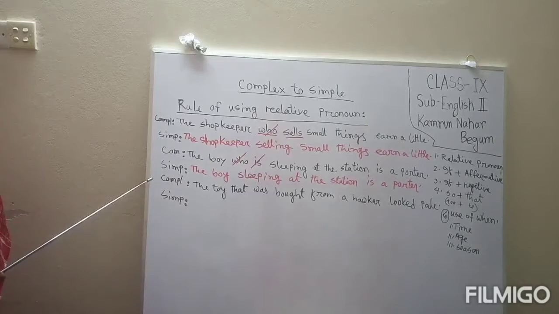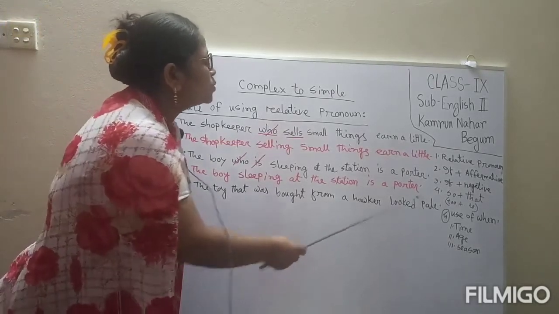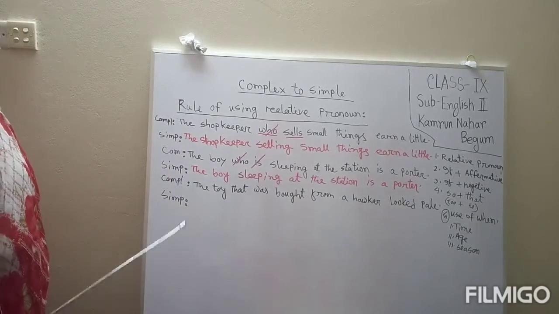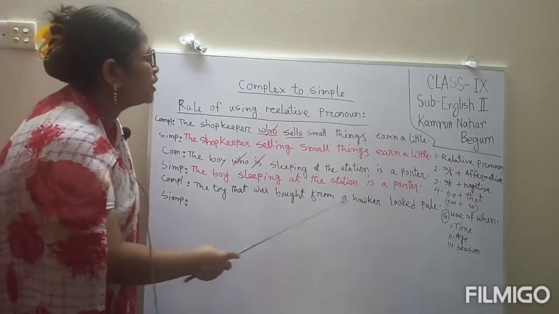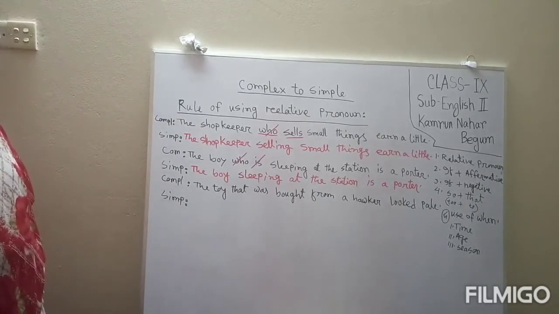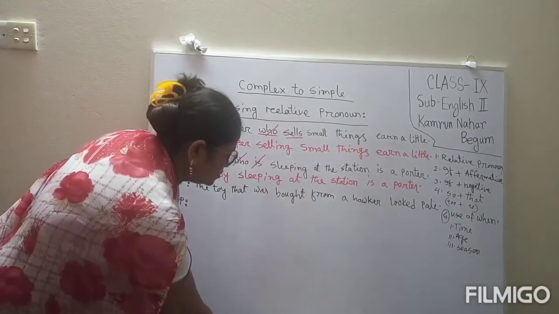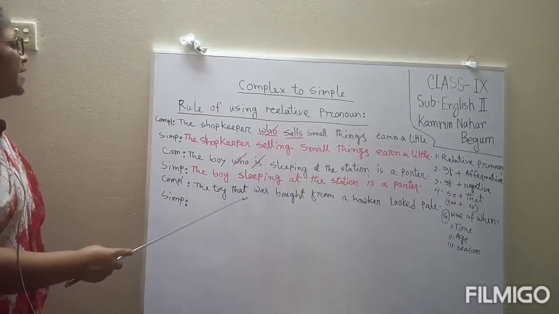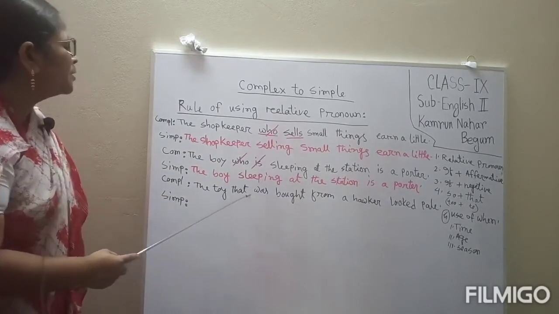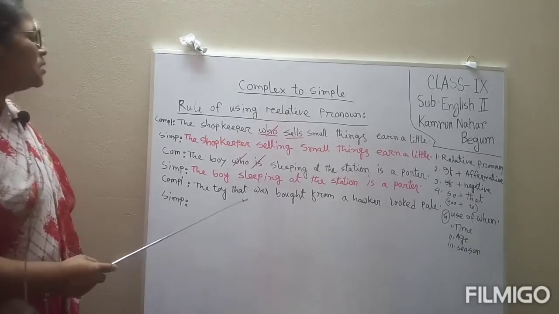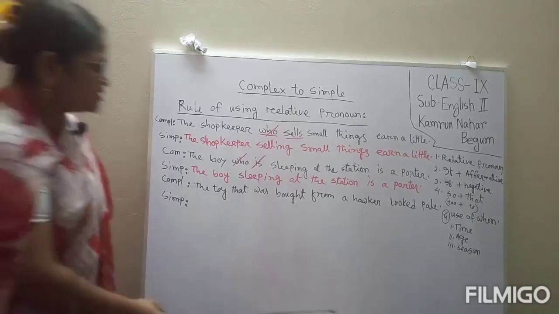Next, come to the third sentence: The toy that was bought from a hawker looked pale. Dear learners, you can understand the toy that was bought from a hawker is one clause and it looked pale is another clause. Here we can see that is a relative pronoun, and another rule is having the be verb was, and also we can see the main verb is in past participle form.